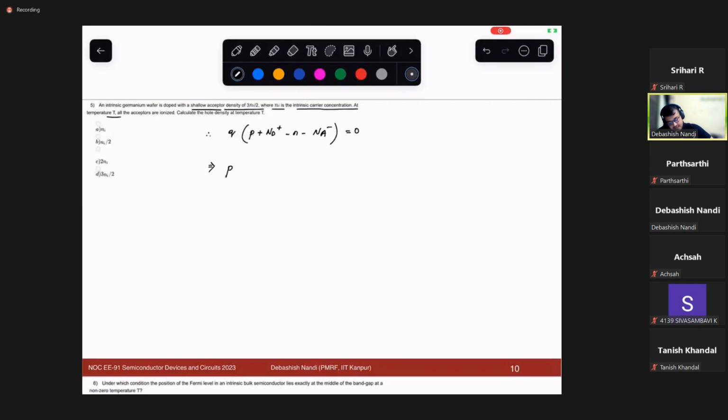So p plus, only acceptor atoms are present, so this will be 0. What is my n? n will be there, and what is my this?